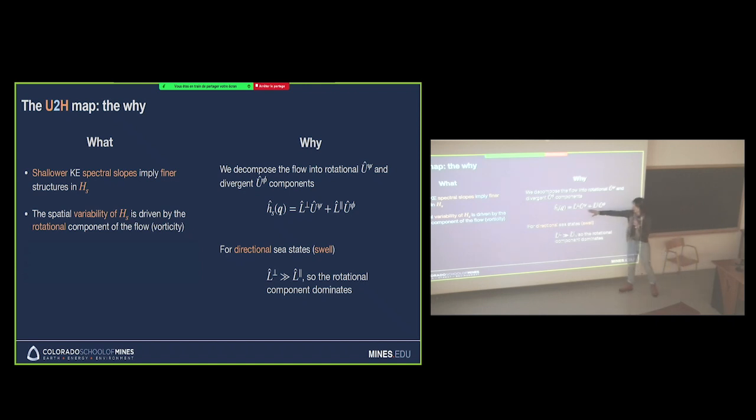So now L_perp is a term multiplying the rotational component of the flow, and L_parallel is a term multiplying the divergent component of the flow. And if you have directional seas, meaning a small directional spread, then L_perp is much, much larger than L_parallel. Therefore, you would need the kinetic energy that is divergent to be a lot larger for this term to compensate for that. So this term always wins pretty much.